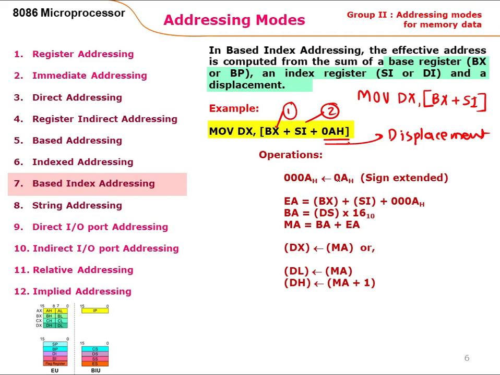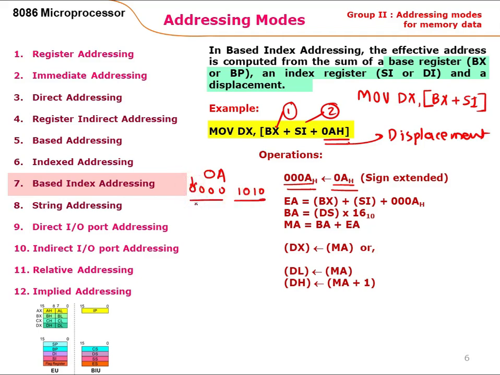First, this 8-bit number 0AH is converted into a 16-bit unsigned number. 0AH can be written as 0000 1010, which is an 8-bit signed number.